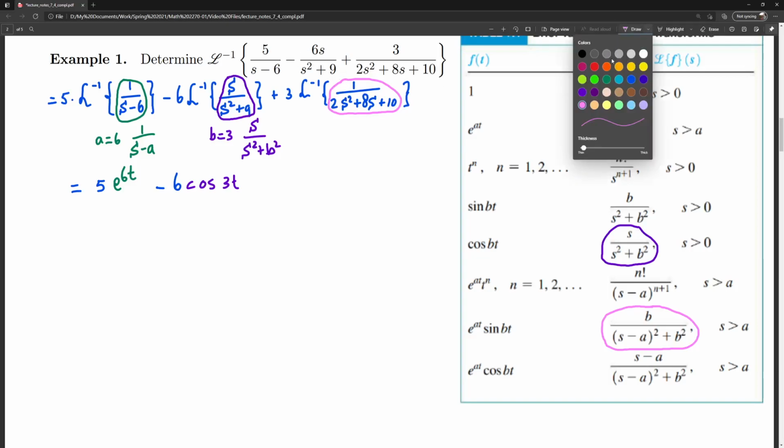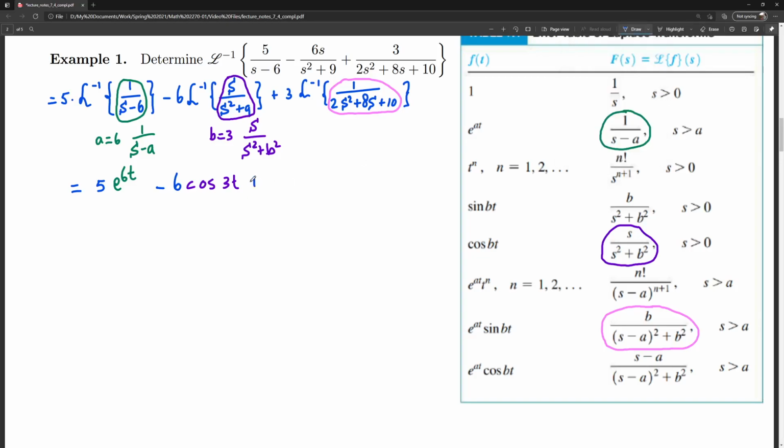So I'm going to write this as plus 3 over 2 times the Laplace inverse of, and then I get 1 over s squared plus 4s plus 5.